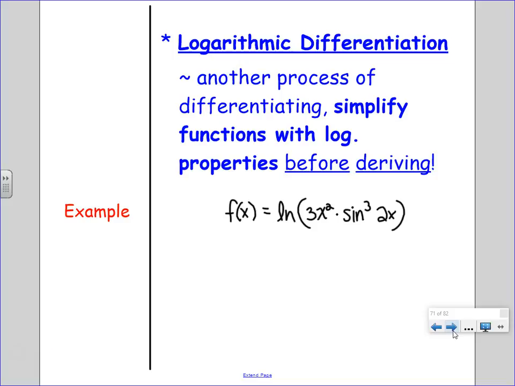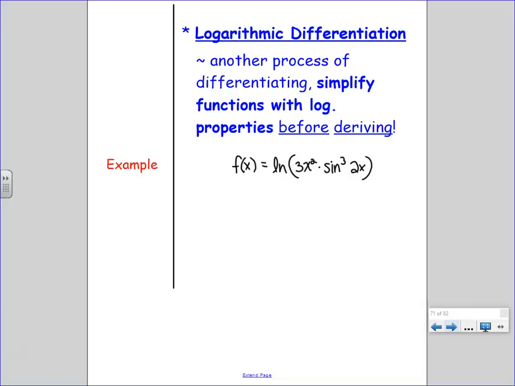It's just maybe not as fun as using log properties to simplify or rewrite before deriving. If we have a logarithm, we can simplify or rewrite before deriving.